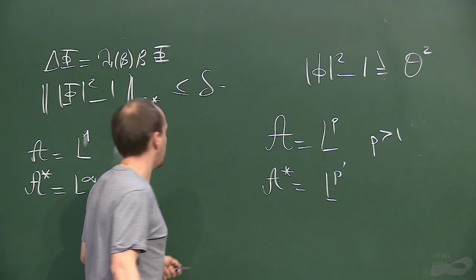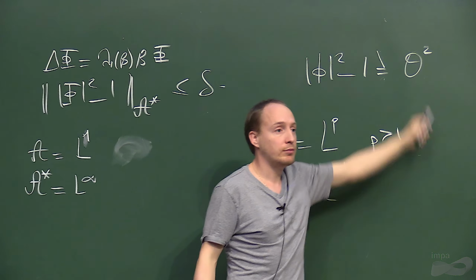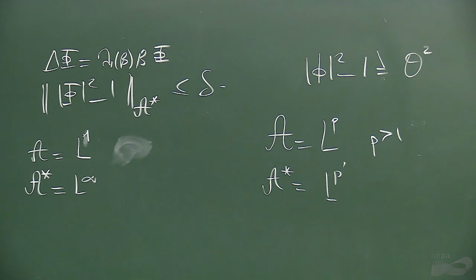So it's somewhat better than being small in L^p prime. It's small in H1. It's because the Euler-Lagrange equation is adapted that I chose this space. So yes, you can generalize your first eigenfunction to this space.